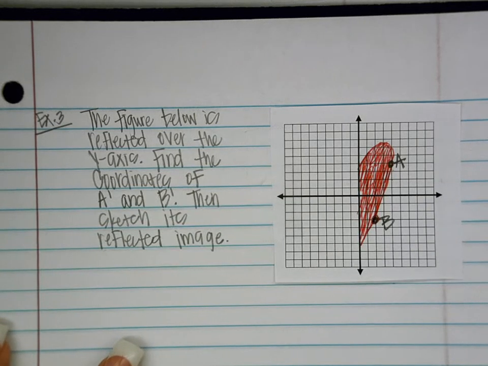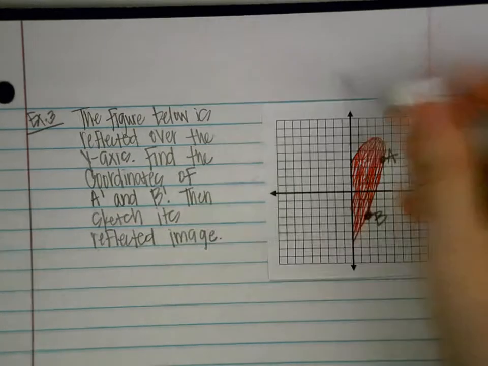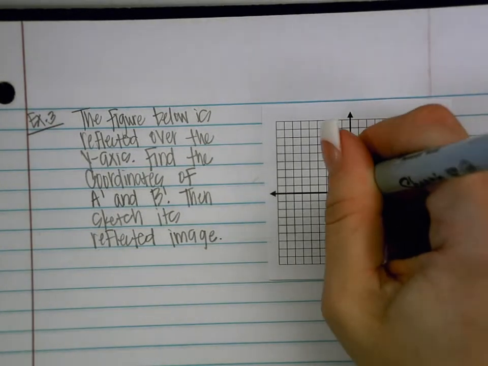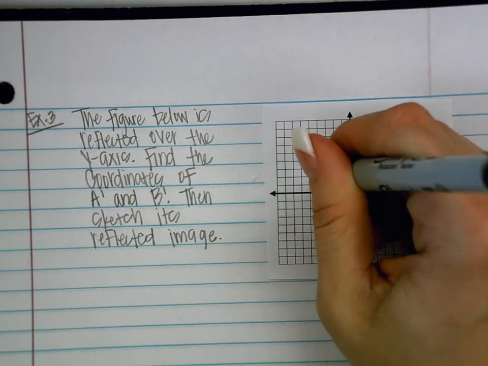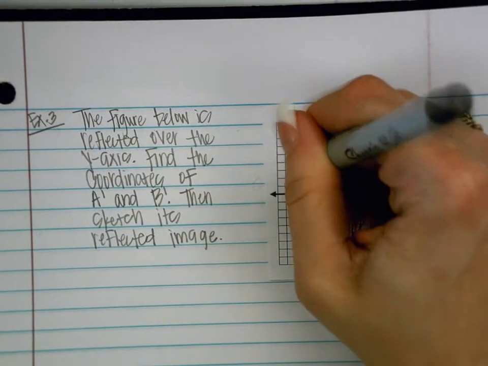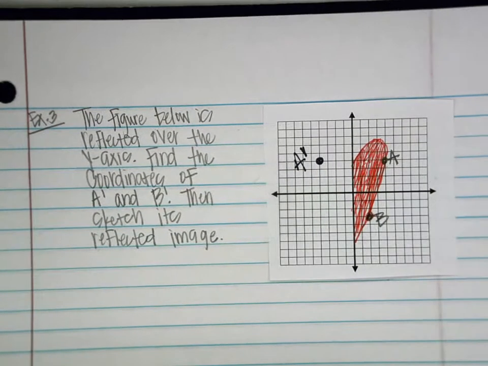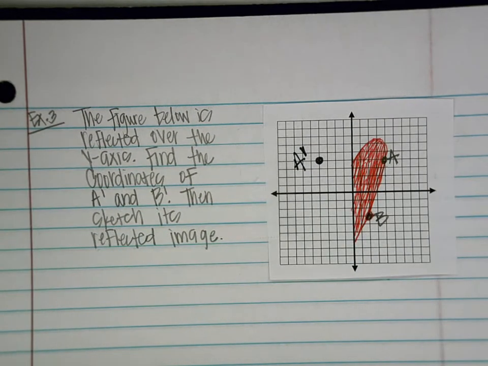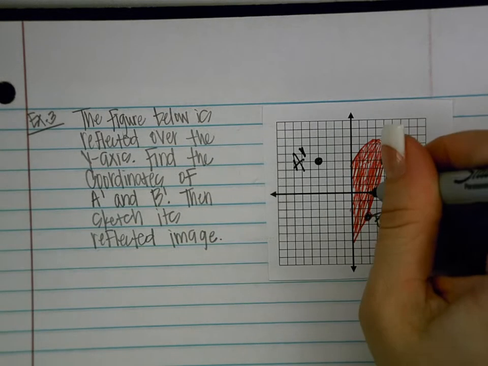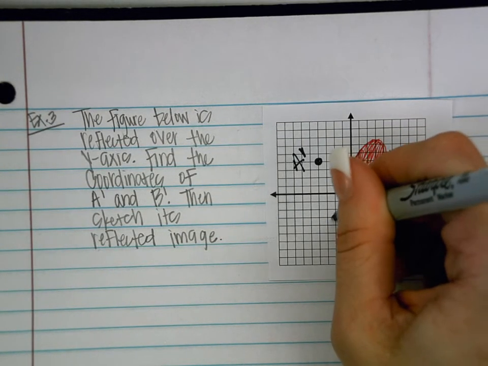So over to the left, 1, 2, 3, 4, up 1, 2, 3, 4. And that's what we would label A prime. How about for the B part? Left 2 and down how many? 3. That's your B prime.